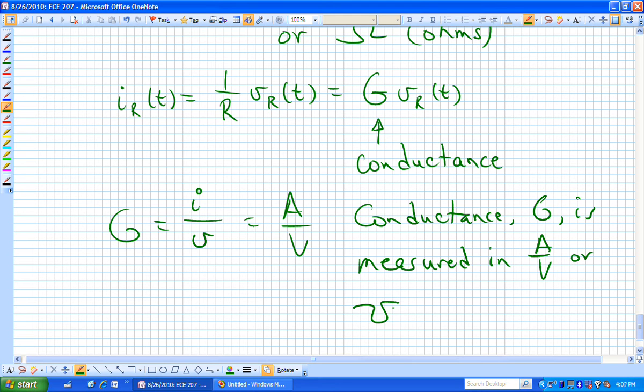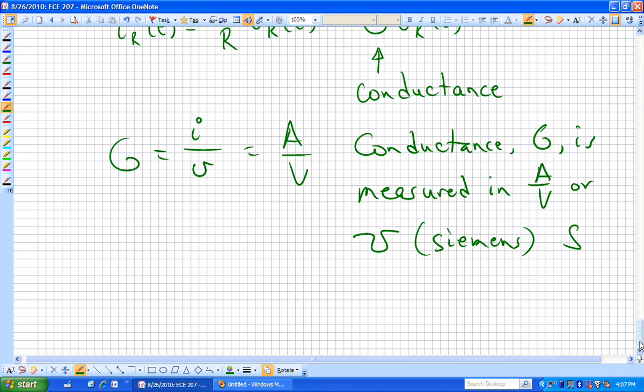Instead of ohms, it's ohms backward, mhos. Or you might hear it more commonly referred to as Siemens and given the symbol S for units. We'll be dealing mostly with resistance in ohms, and you won't have to really worry about the reciprocal relationships necessarily.